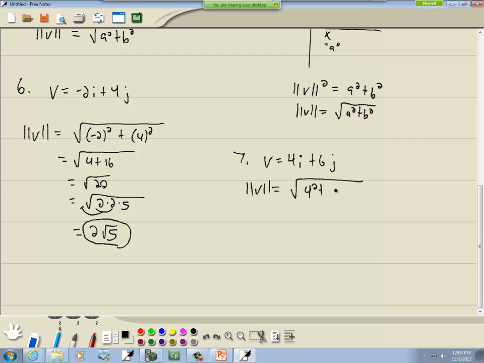So 4 squared plus 6 squared gives us 16 plus 36, which is 52, which is 2 times 2 times 13. Looking for pairs of something, here's a pair of 2s, so those are going to come out as a single 2. And our answer is 2 square root of 13.